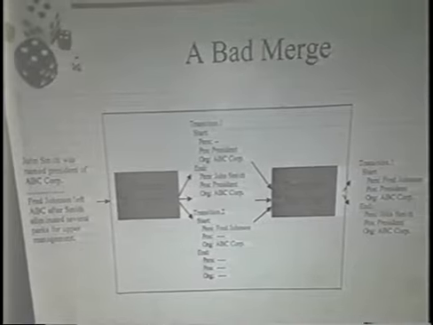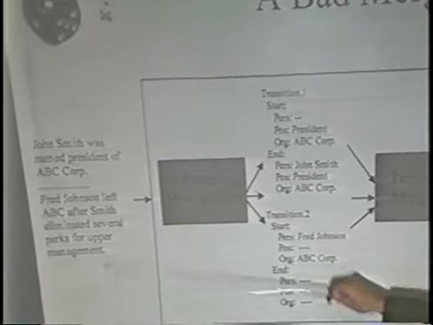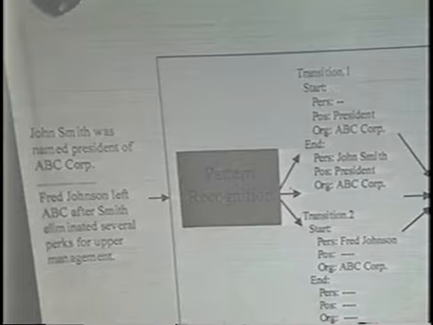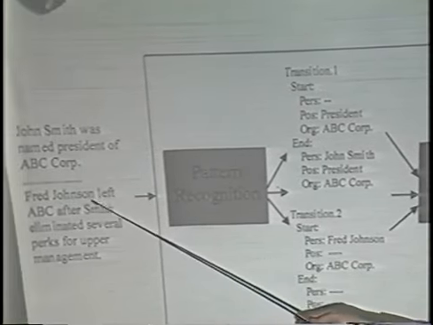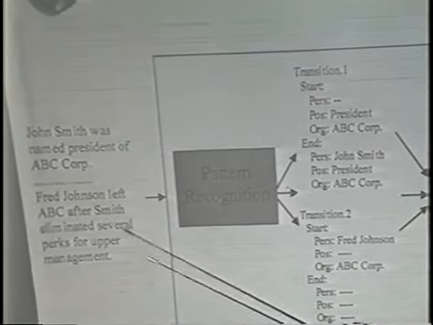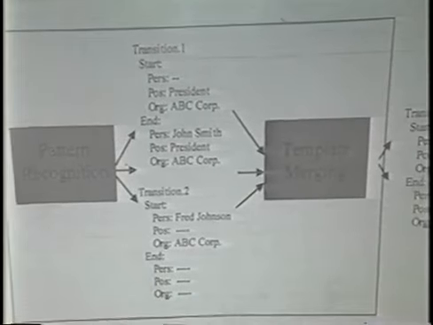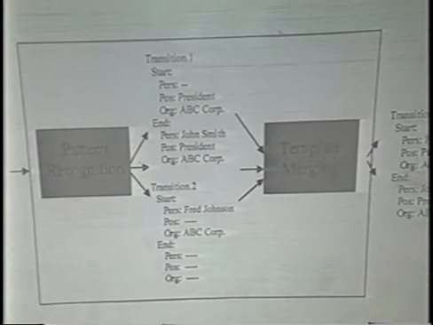But it could have been just as easily this case, where the second sentence says, Fred Johnson left ABC after Smith eliminated several perks for upper management. So it's very likely that FASTUS, or a system like it, will find information in Fred Johnson left ABC and say, okay, there's a person in an organization in a start state. But it's not going to see any relevant information in the rest of this material.